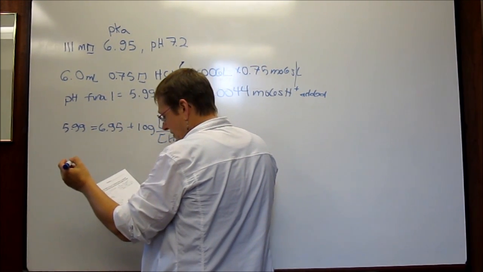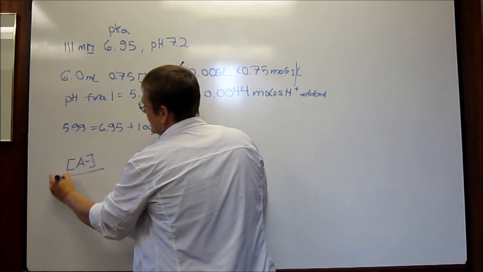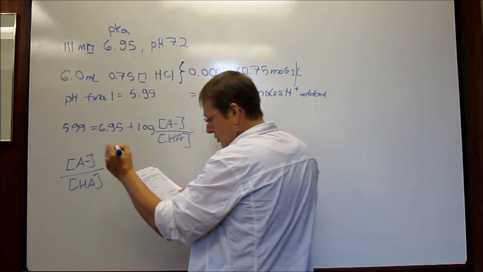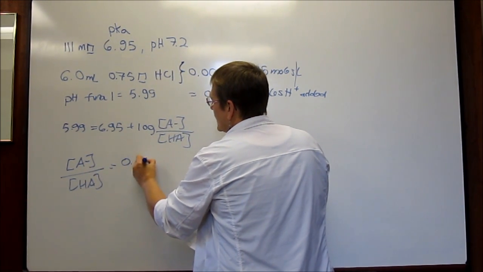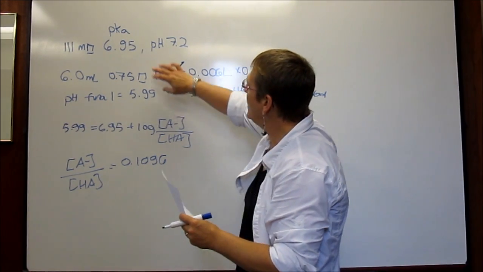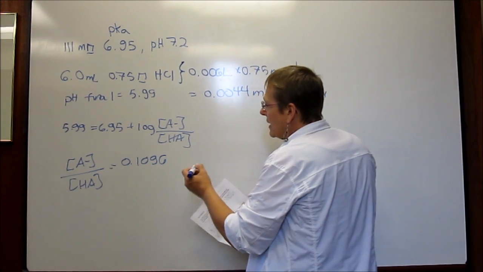We solve for that, and once we figure out the anti-log, the ratio is equal to 0.1096. Makes sense, we're about 1 unit below the pKa. Okay, this is the ratio.